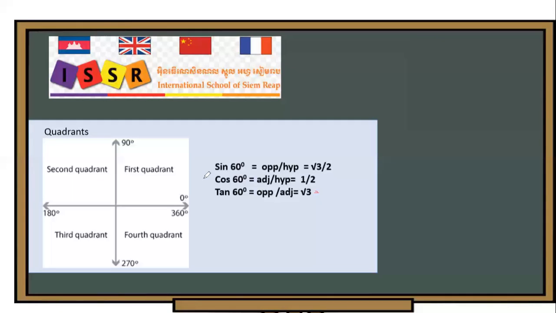Now, I want you to look at what we mean by quadrants and so forth. The first thing that I have to know is that we don't just find the trig ratios of angles that are less than 90 degrees.